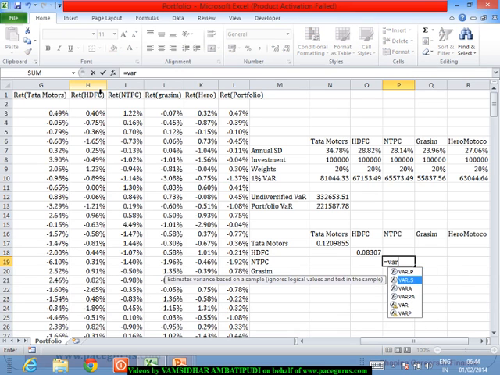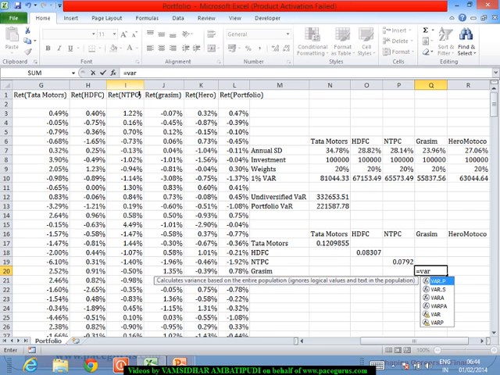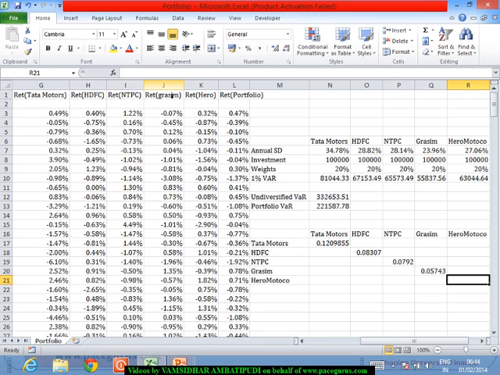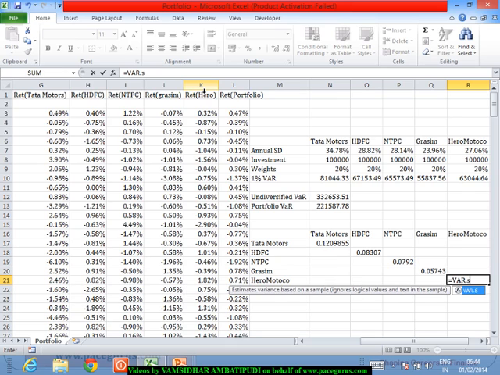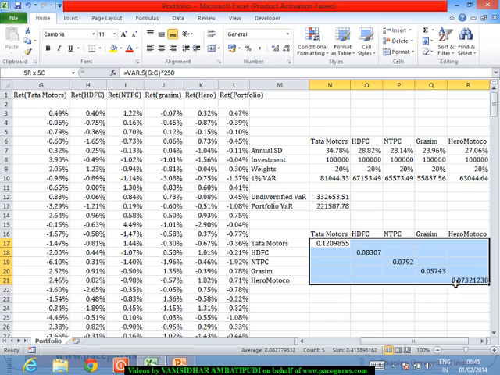So the variance of NTPC multiplied by 250, then variance of Grasim multiplied by 250, and similarly the variance of the Hero Motors multiplied by 250. So this is our computation of the various variances.